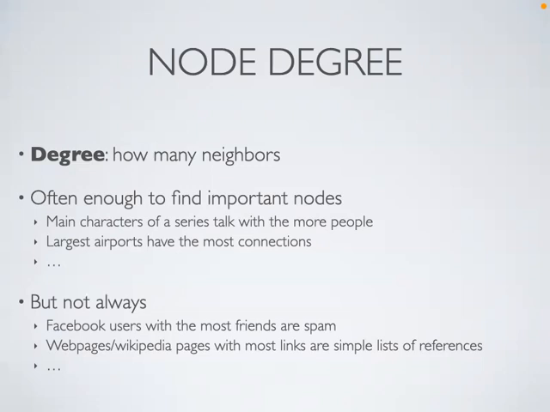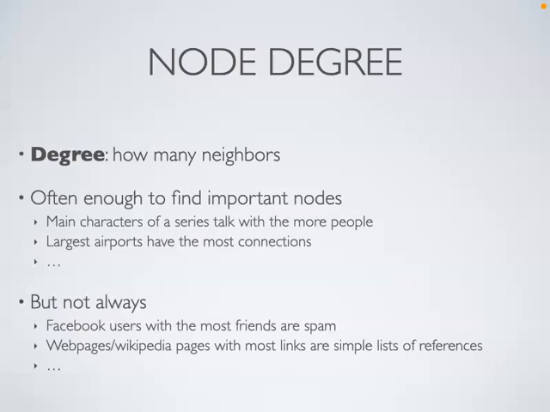For instance, if you look at Facebook or other platforms and you look at the number of outgoing links, or in Facebook the most friends in bidirectional friendships, the ones with the highest degree are probably spam. Same thing on Wikipedia: the pages with the most hyperlinks to other pages, if you create this kind of network, are just pages with lists of everything that happened in 1998.